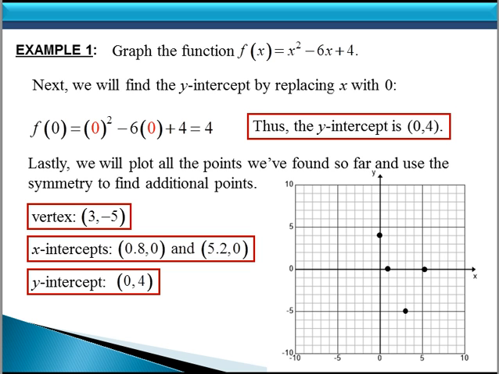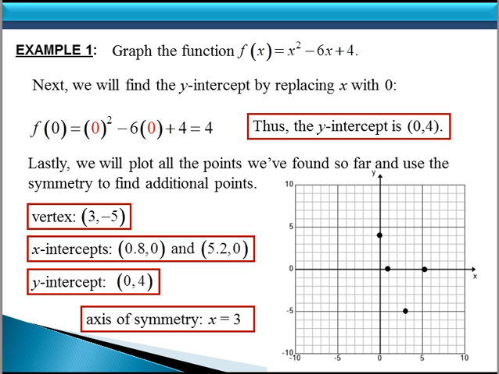And then remember that the parabola is going to be exactly symmetric about the axis of symmetry. And the axis of symmetry always goes through the vertex. So that's going to be the vertical line we would call x equals 3. That's the equation of that line. Now because of the symmetry here, notice that the two x-intercepts, see how they're equally spaced on either side of the axis of symmetry?